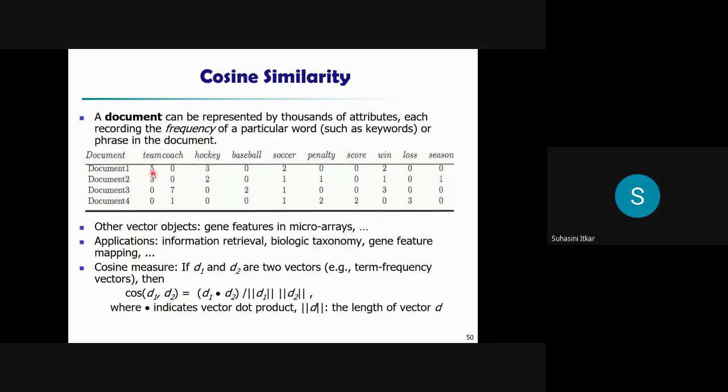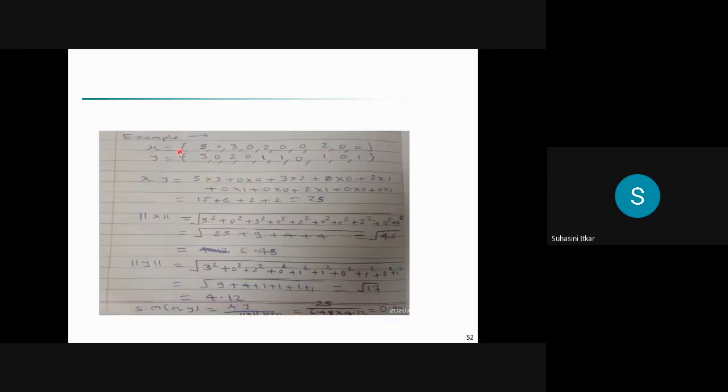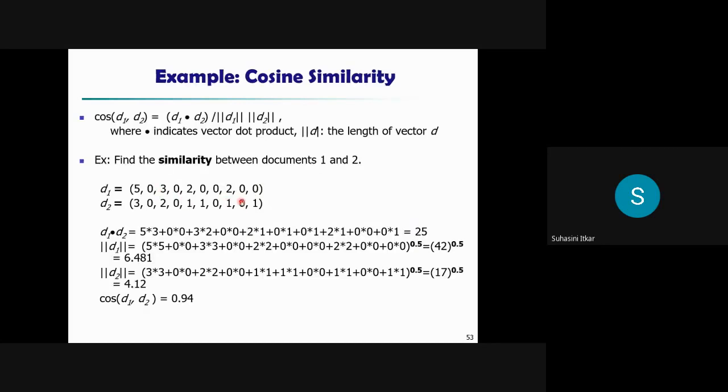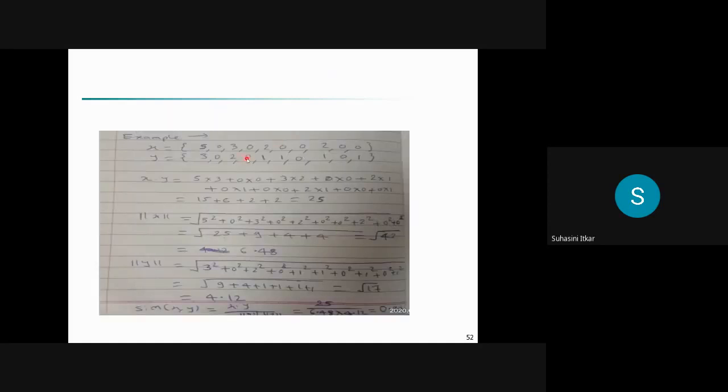From this table only, we have considered document 1 and document 2. So x is document 1, y is document 2, and the same is given there also. What we have calculated here are the term frequency vectors.